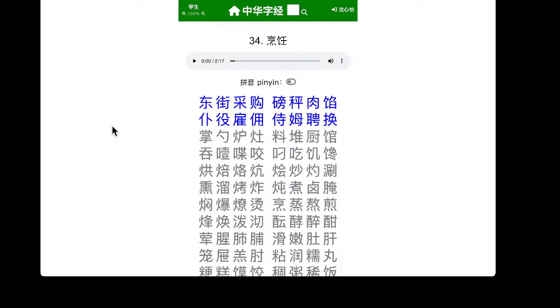So 仆役雇佣 basically means to hire a servant. 嬷母聘换, 嬷母 is also a particular type of servant, the lady servant whose duty is to raise and teach the young daughter. 聘换 means you hire and replace.